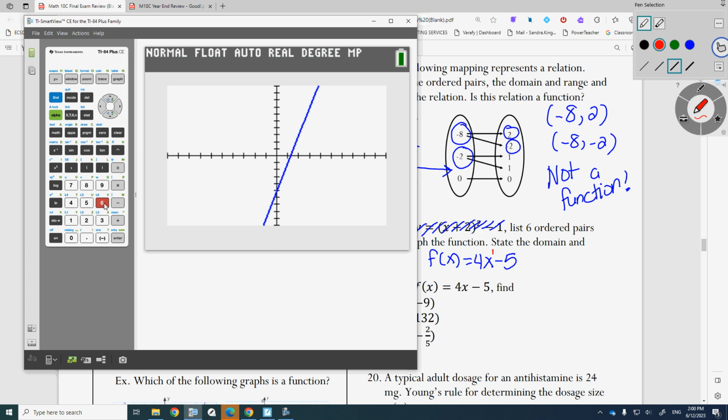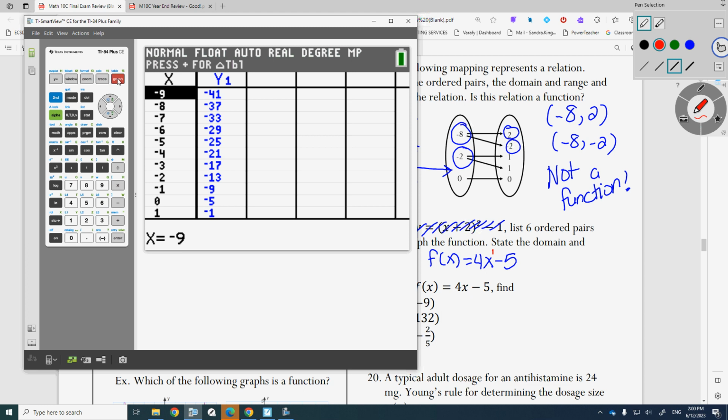Now, it's asking for 6 ordered pairs. What are 6 points on this graph? In order to get points off your graph, you go to your table of values, so second table. Let's just do 6 points. I'll list negative 1, negative 9.